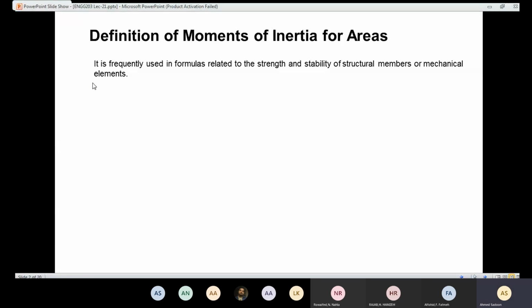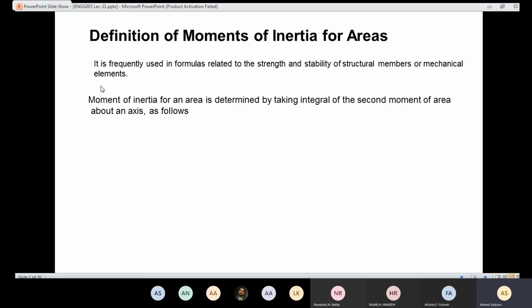In the previous chapters, we learned how to determine the moment about a certain point. And all of this process is very important to design your building or your mechanical or structural elements. So what is the definition of the moment of inertia? For an area, if I have a certain area and it's required to determine the moment of inertia, we take the integral of the second moment of area about an axis in question.